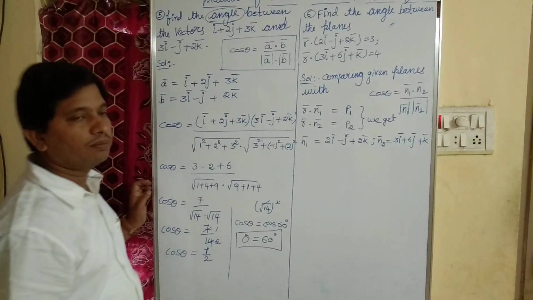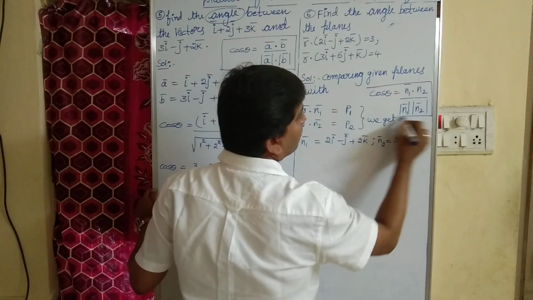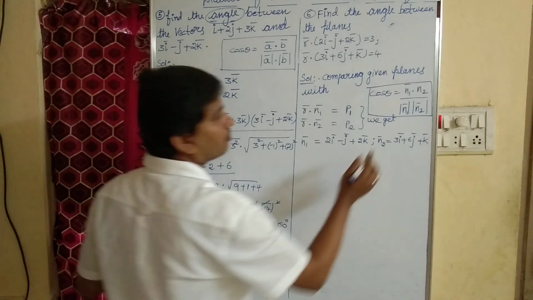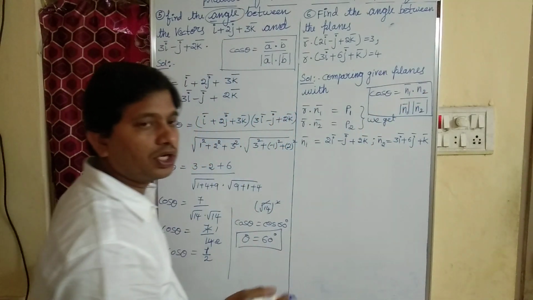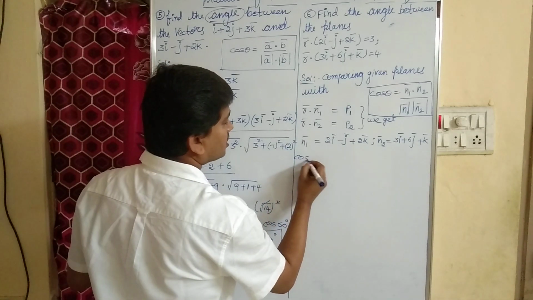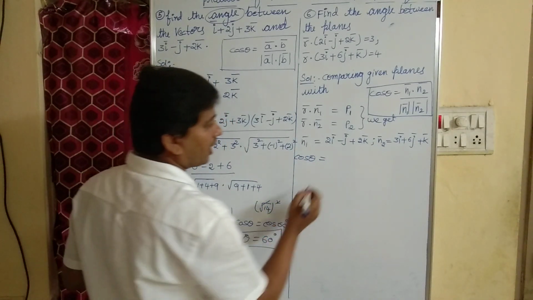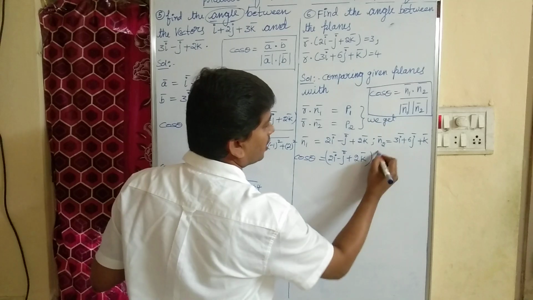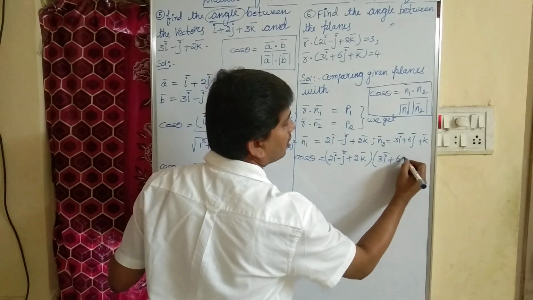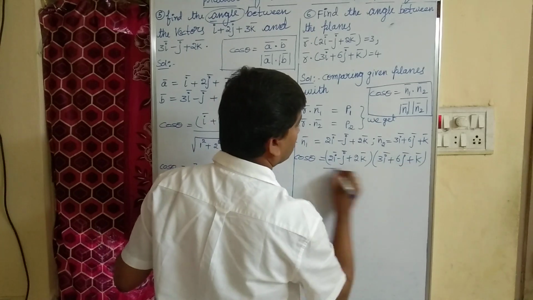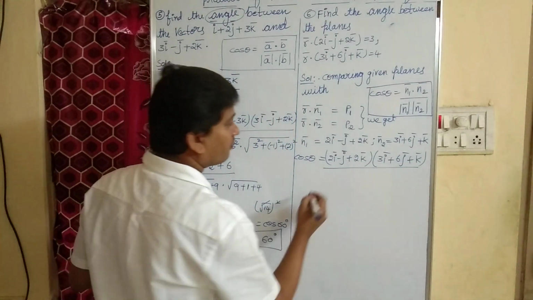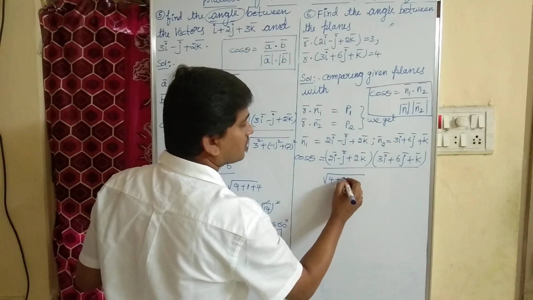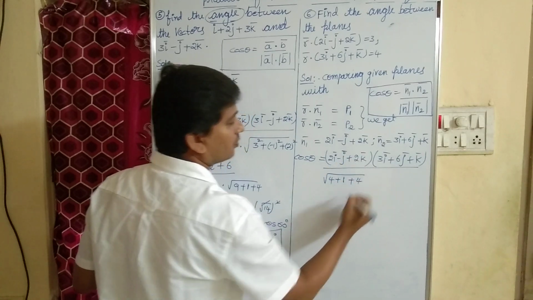Now we need to find the angle between the planes. We have the formula. The angle between the planes is cos theta equal to n1 bar dot n2 bar by modulo of n1 bar into modulo of n2 bar. Okay, so let us write cos theta equal to n1 bar, 2i bar minus j bar plus 2k bar, dot n2 bar, 3i bar plus 6j bar plus k bar, by modulo of n1 bar, under root of 2 square 4 plus minus 1 whole square 1 plus 2 square 4.